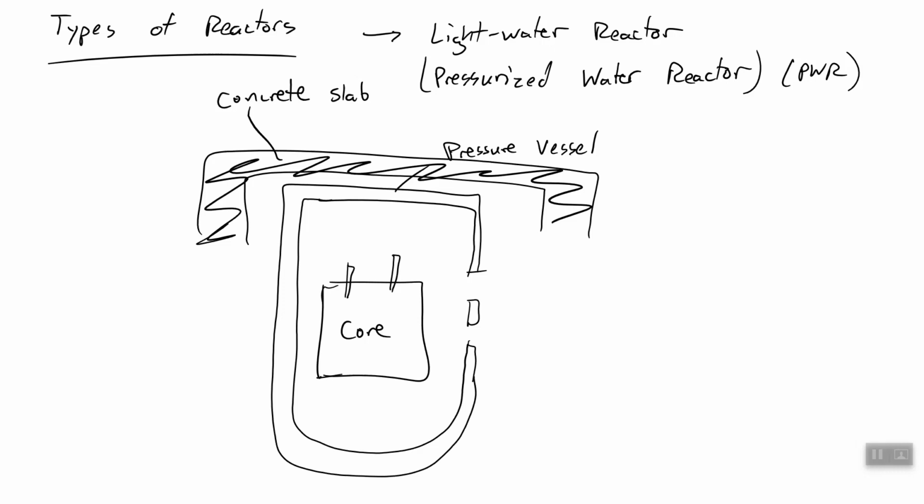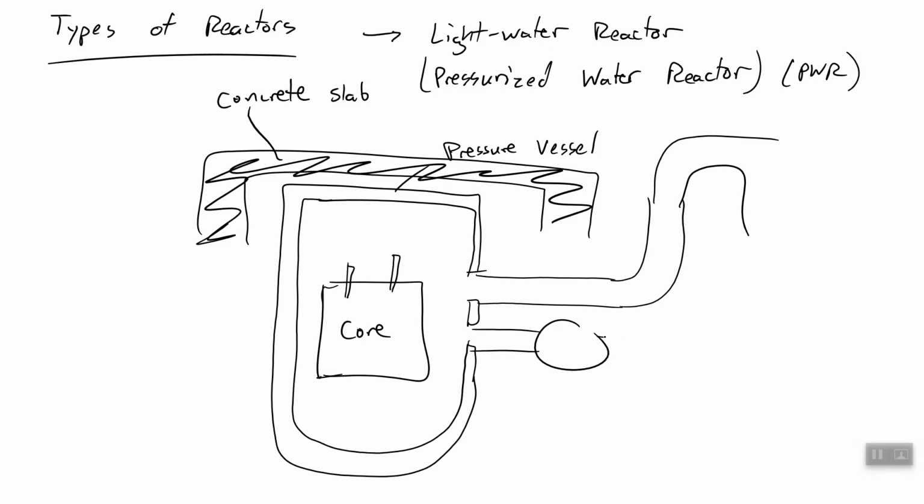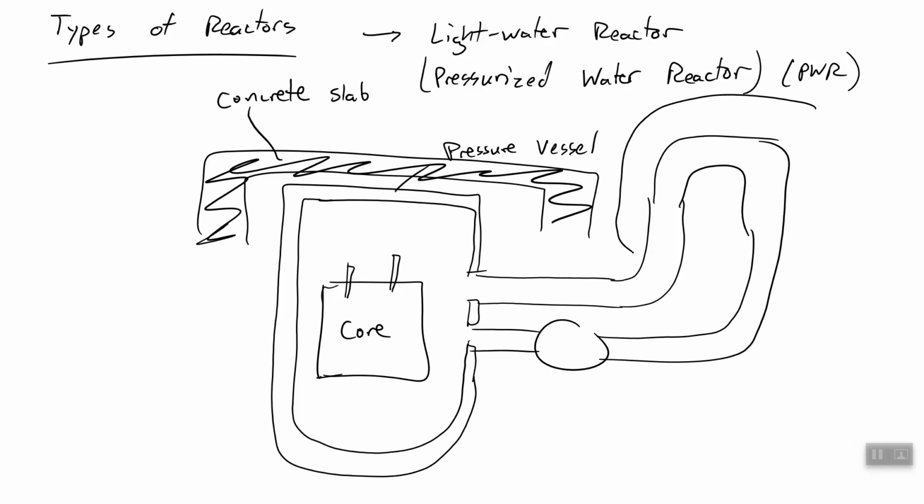Okay, so inside this pressure vessel, we've got some water. This water is going to go through a loop. And there is a pump circulating that water. And then that water goes into another vessel.